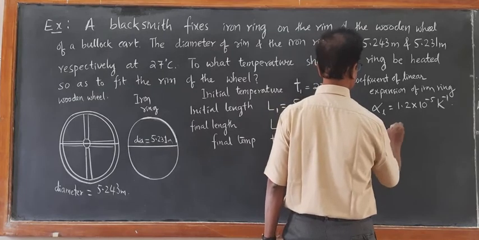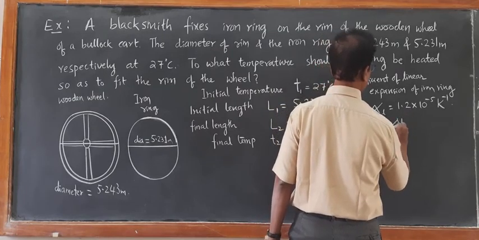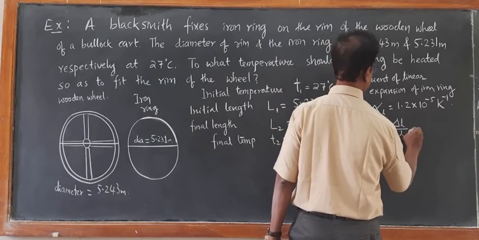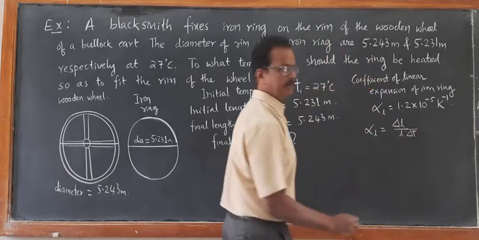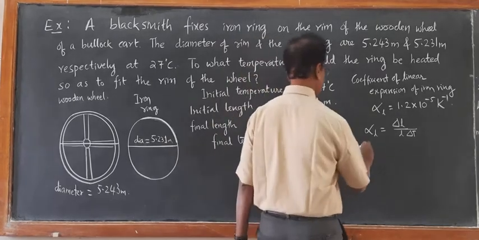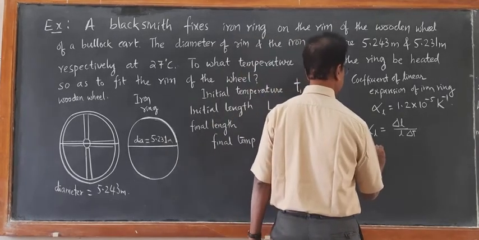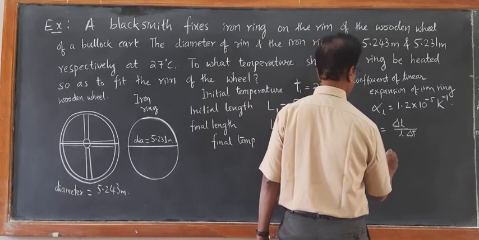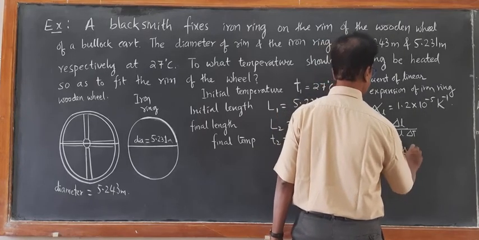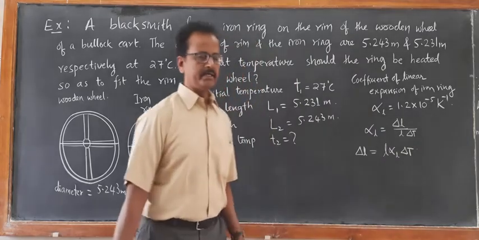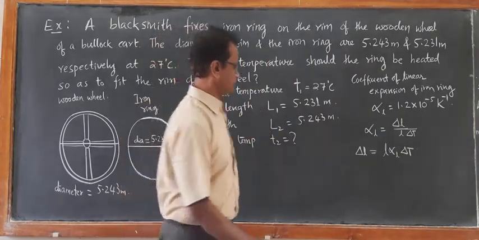So we will use the equation of alpha L. Alpha L is equal to delta L by delta T. So delta L is equal to L into alpha L into delta T. Now delta L can be written as L2 minus L1.